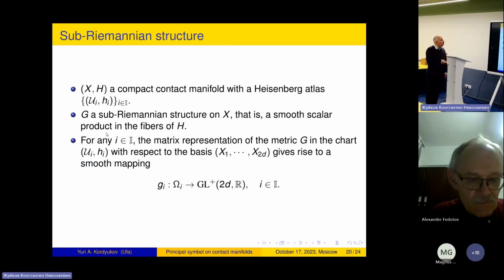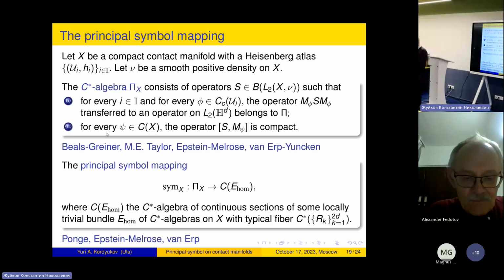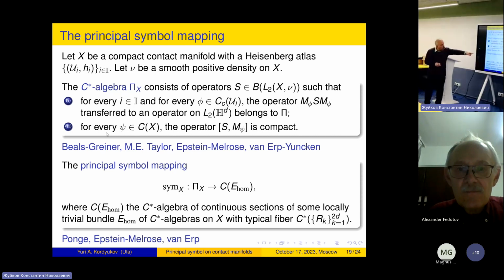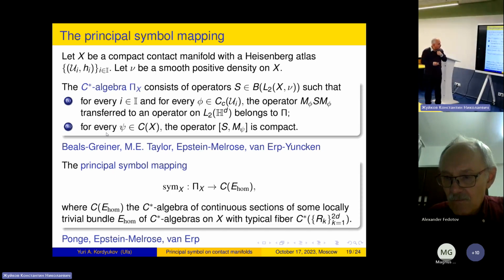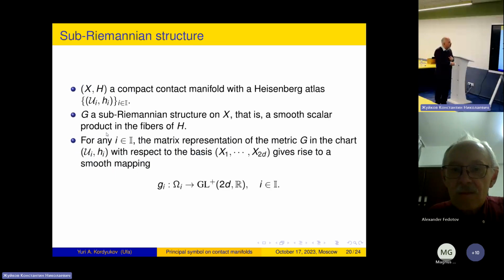And then we can also define an analog of the sub-Laplacian. Oh, sorry, once more, a local model was, we have symbols which are functions with values in some non-commutative algebra, right? And so here we have this algebra of continuous sections of some locally trivial bundle of some C*-algebras, and I will skip this definition, of course, since I have run out of time.